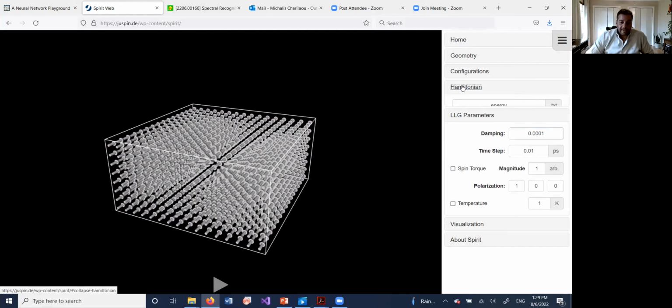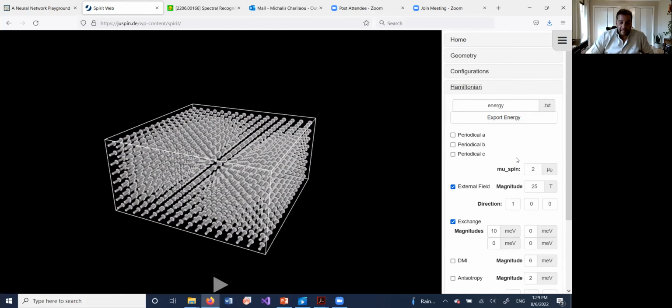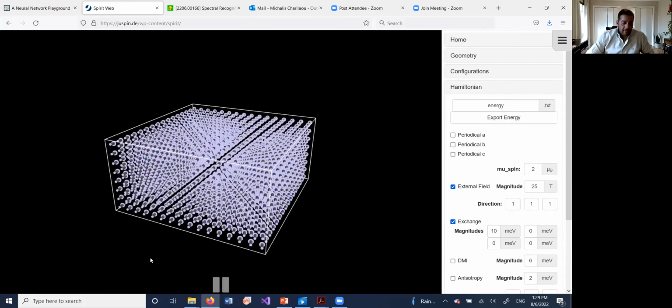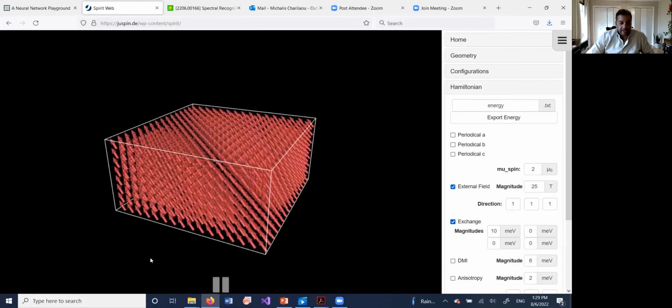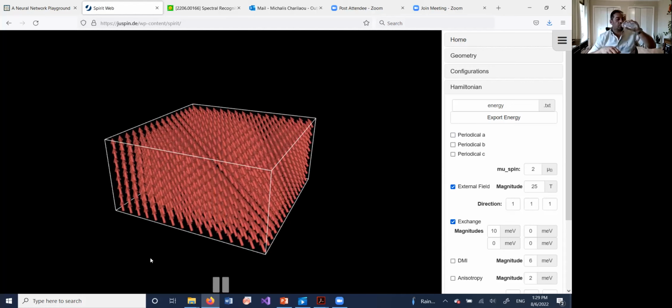So if I make the relaxation slower, they move slower and they take a longer time to reach that new configuration. Okay.